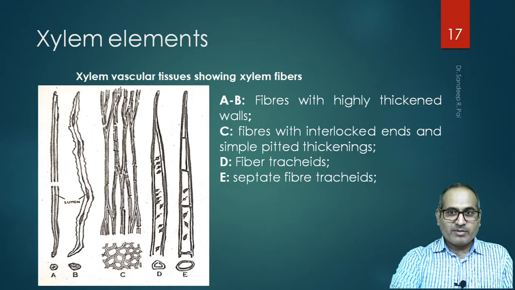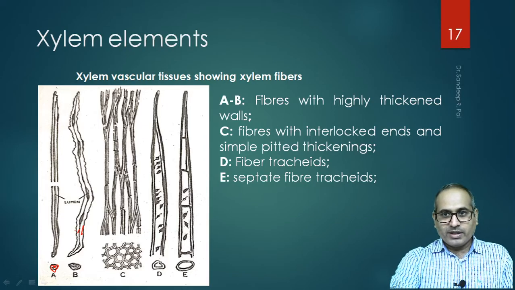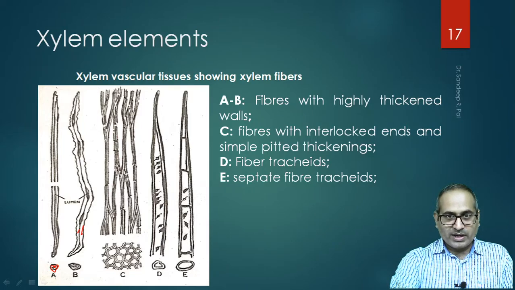A and B are fibers with highly thickened walls. So you will see the central cavity is very small and the walls are very thick. C is fibers with interlocked ends and simple pitted thickenings. These are interlocked ends. You will see a mesh-like, network-like arrangement, which can also be seen in the transverse section here.